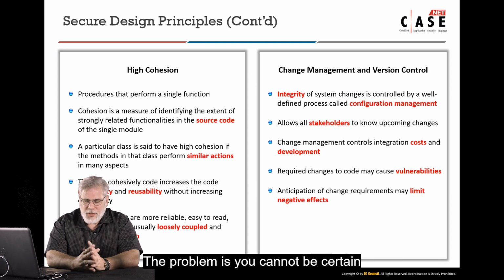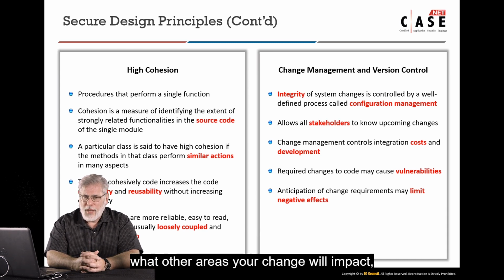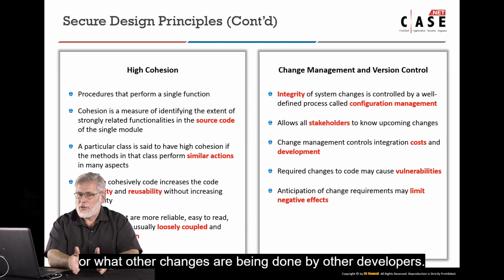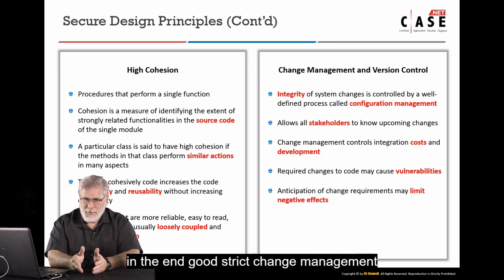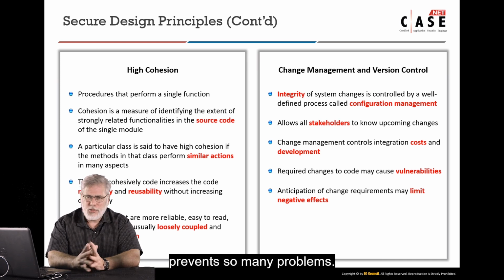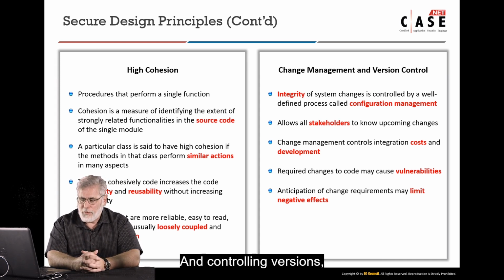The problem is you cannot be certain what other areas your change will impact or what other changes are being done by other developers. That's why we need a strictly controlled change management process. Although it may seem wasteful, in the end, good, strict change management prevents so many problems. And controlling versions.